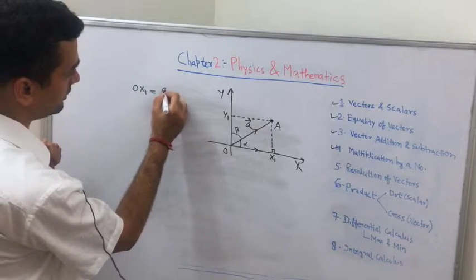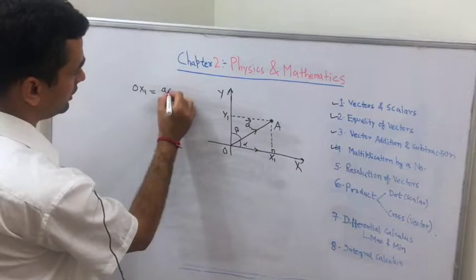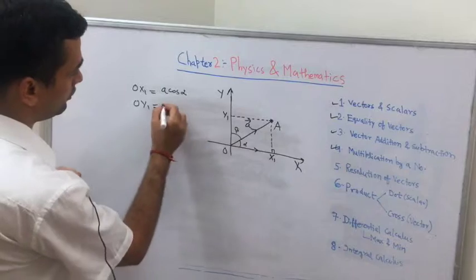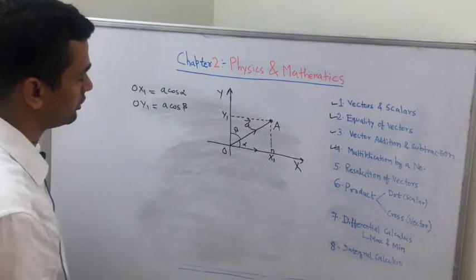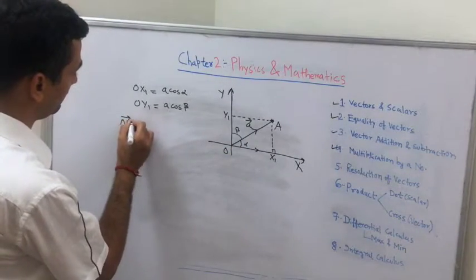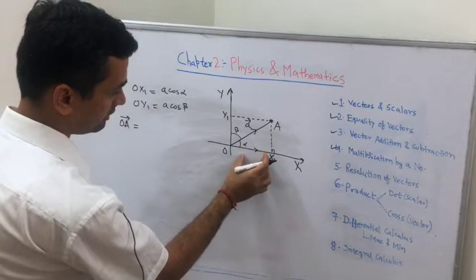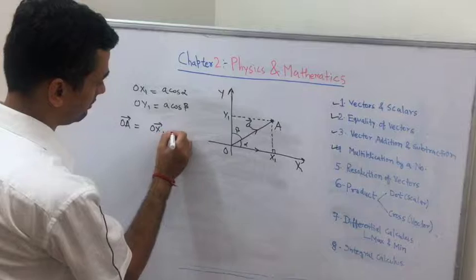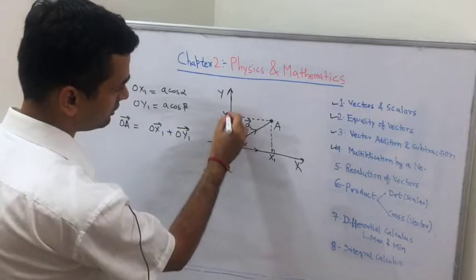Denoting the mod of A by A, the value of OX1 is A cos alpha. And the value of OY1 is A cos beta. So I can write this vector OA as OX1 plus OY1, the sum of these two vectors.